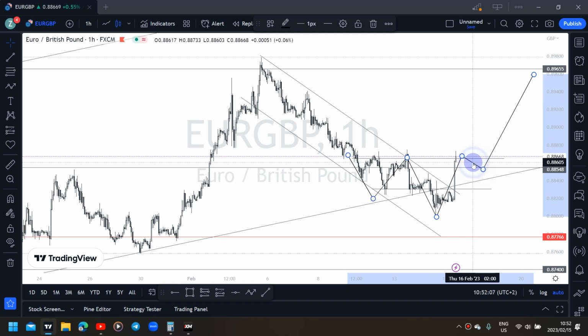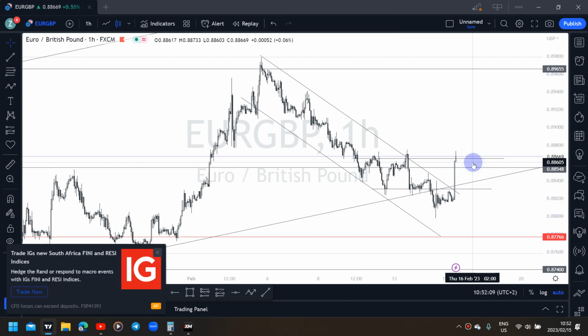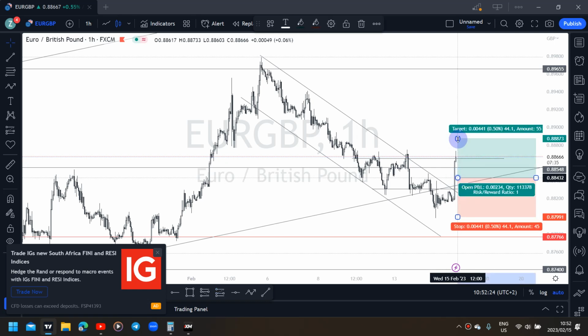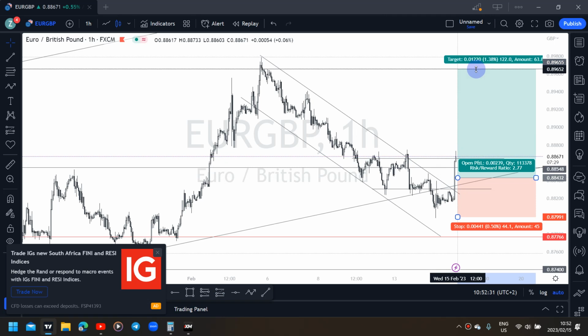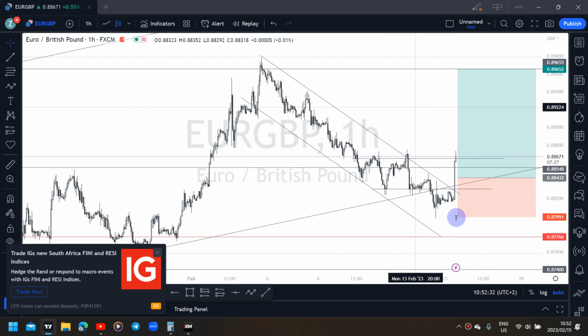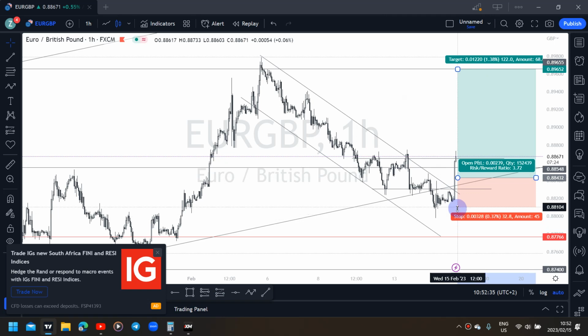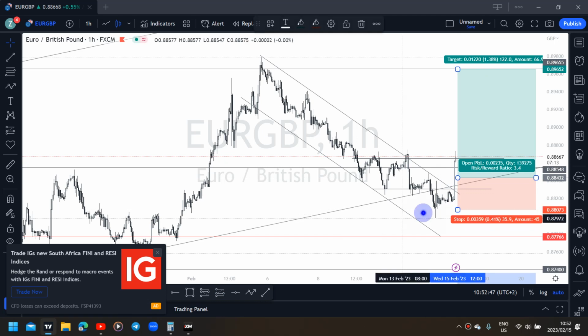So if I move back to the hourly time frame to now cater for my entry points, my stop loss and take profit: my entry point would possibly be here, and my take profit point at the top right there at my highest key level at the top, and my stop loss would possibly be, let's just say, it's fine.